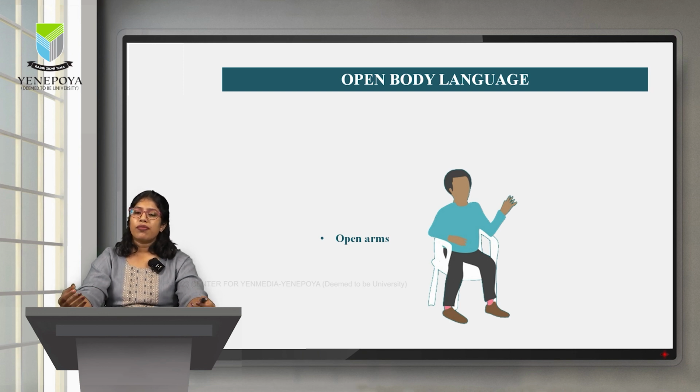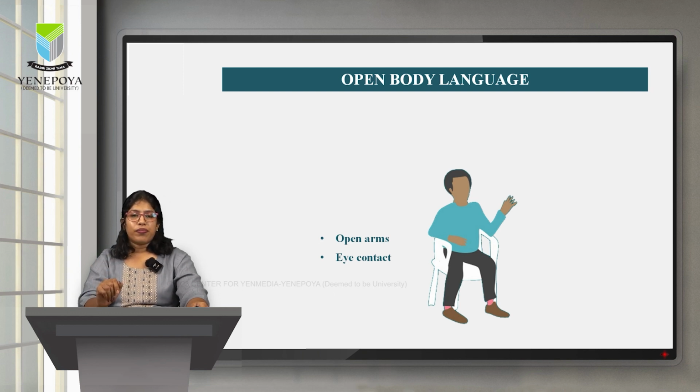So when you have to communicate with someone, always see to it that you communicate with open arms. Never close your arms when you're talking, because that gives a very wrong message to a person. Maintain eye contact. This is very crucial and important. If you do not maintain eye contact, you lose this person.